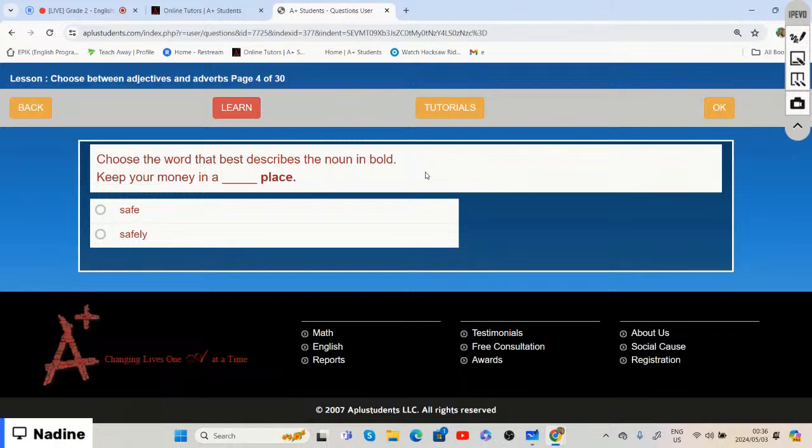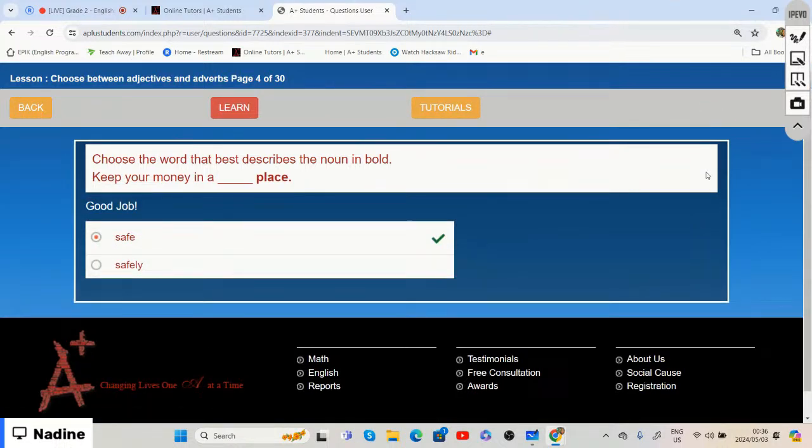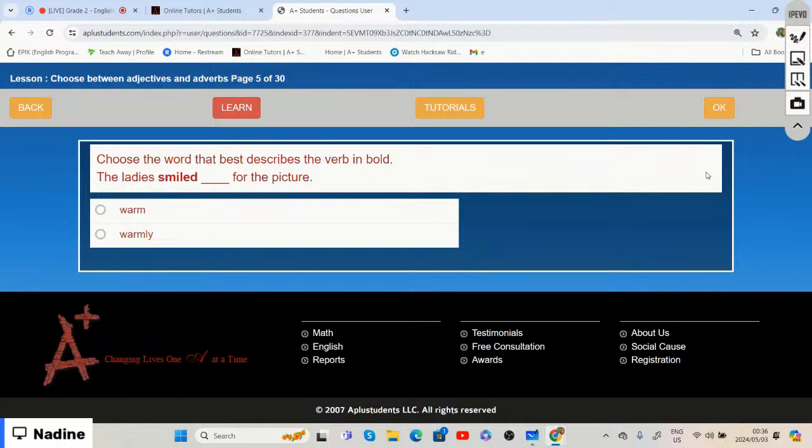All right. And then here it says, we said, keep your money in a safe place. All right, so well done. So safe place is correct.